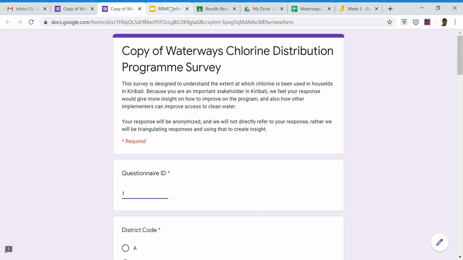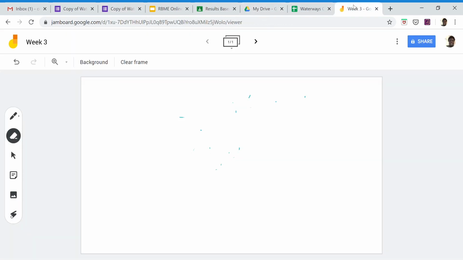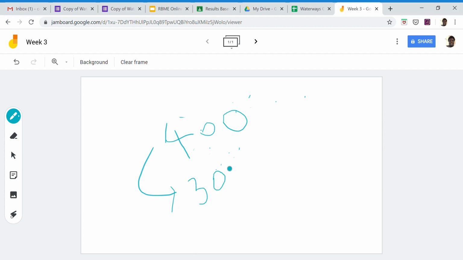For instance, you could print 400 questionnaires and take them to the field, but when your enumerators come back, maybe you were able to get 300 respondents. So knowing this allows you to know that out of 400, 300 responded. It's as easy as that.